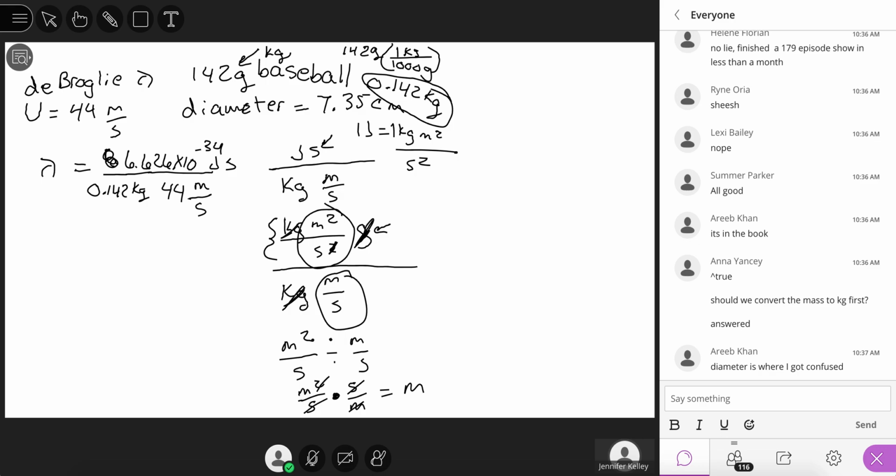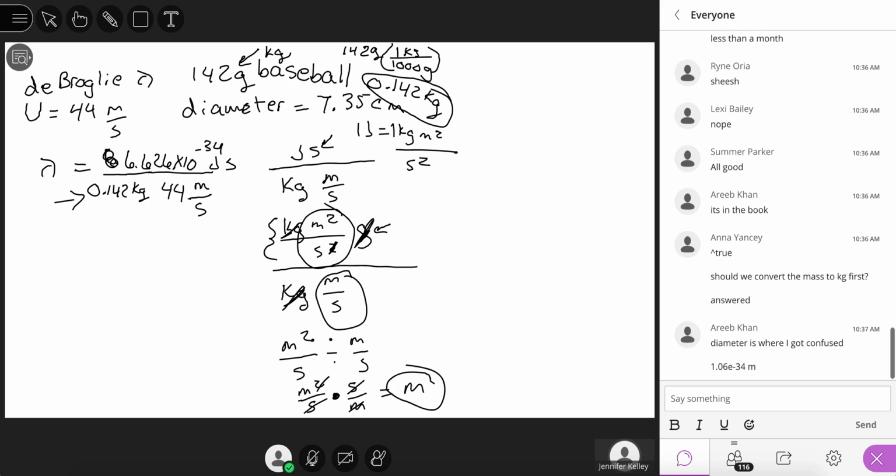So then you end up with meters in the end. If you're wondering where on earth you're getting meters from, you have to switch out the joules. Since it's kilograms, meters squared per second squared, that's why you have to have the mass in kilograms, because if it's in grams, you end up with some weird answer in the end.